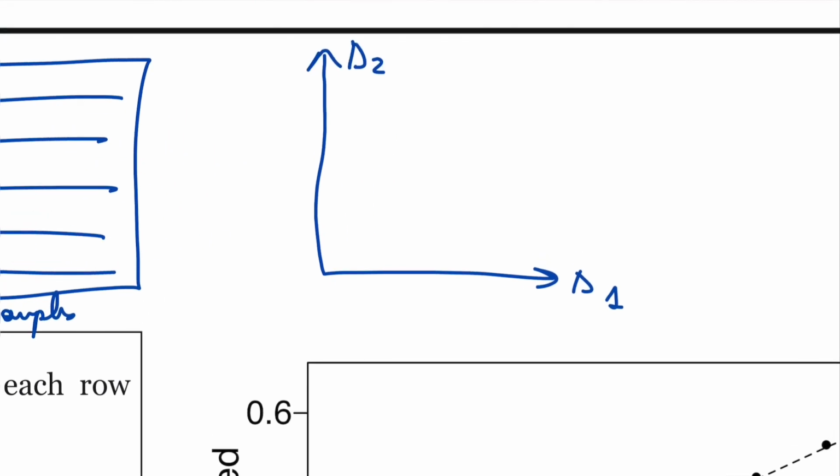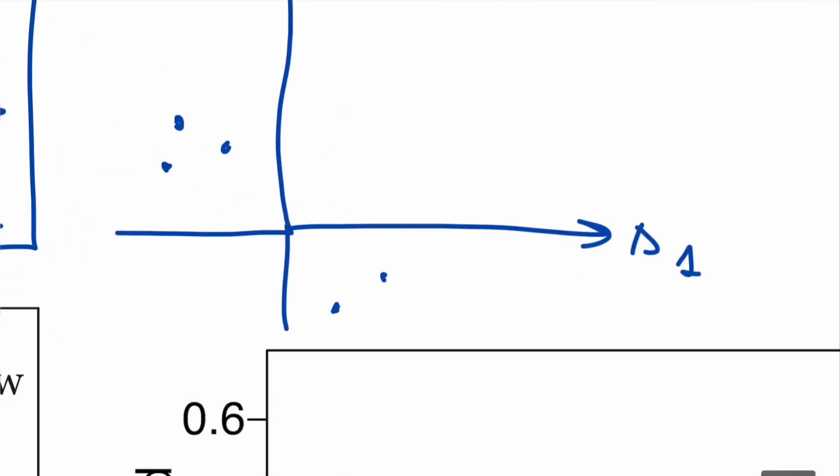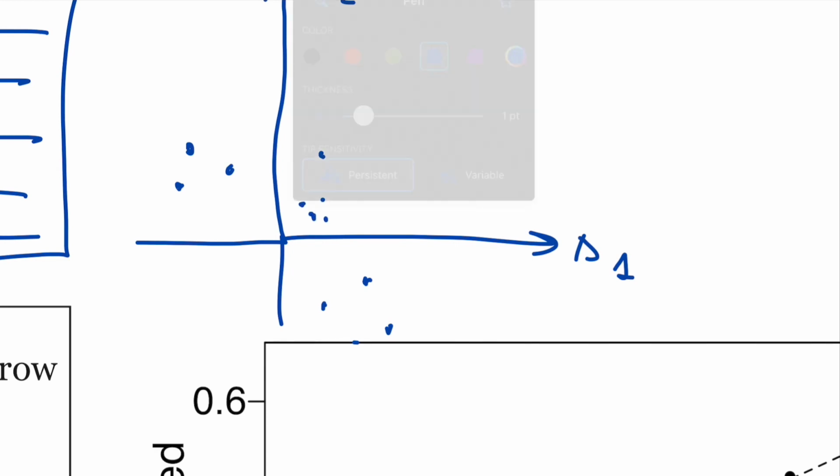In the case of this space, to be really exact they should be only on this sort of column, but I'm going to make an abstraction and assume that the points are something like this, just for illustration purposes. Something like this, and maybe one here, and maybe a few here.